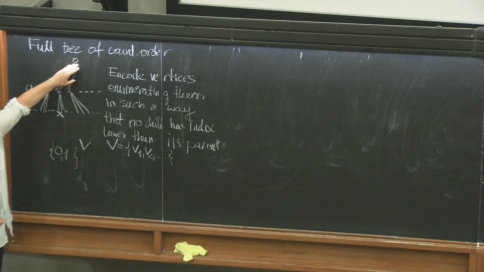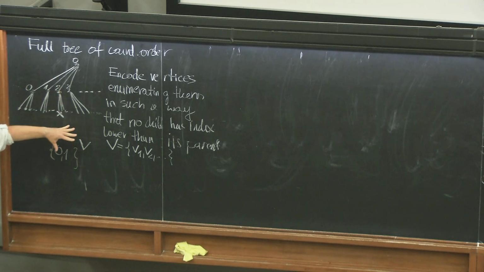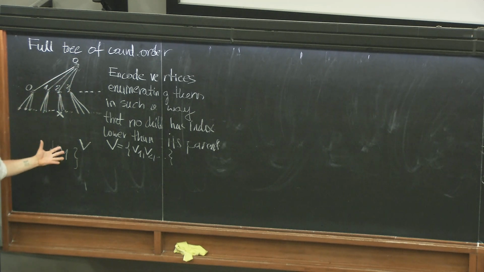But now imagine that I take a subtree of this full tree. Then this subtree is always determined by the collection of vertices.